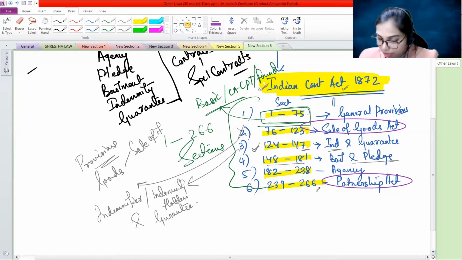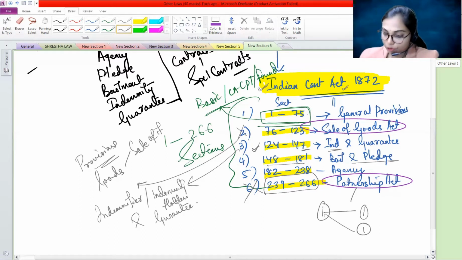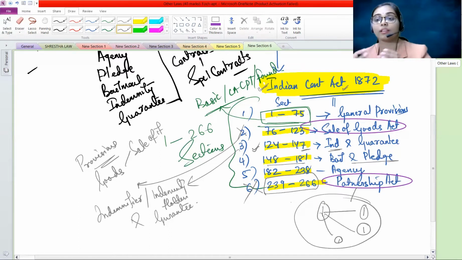The last one we have is the Partnership Act. This Partnership Act is also not covered in our syllabus. Why? Because the Partnership Act speaks about how an individual forms a partnership with another individual and many other individuals, coming together, which is a type of partnership.